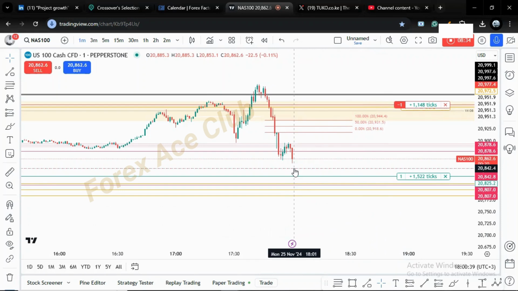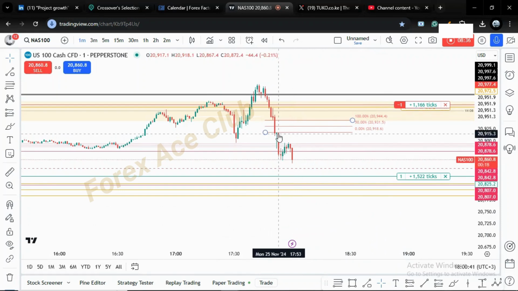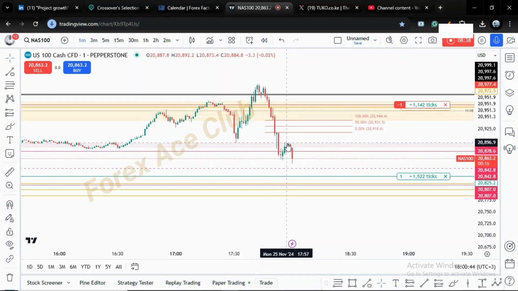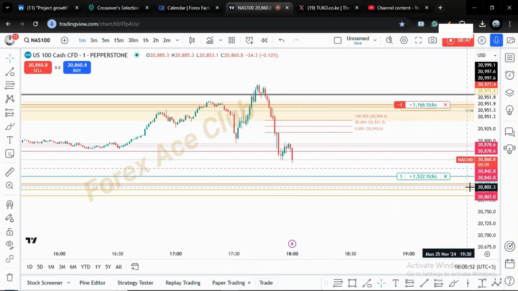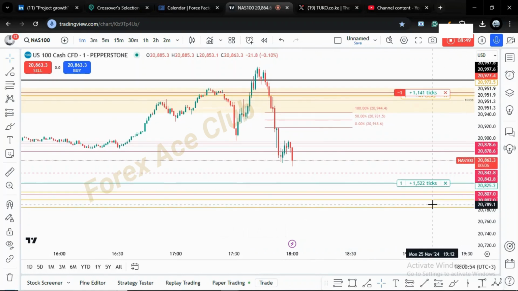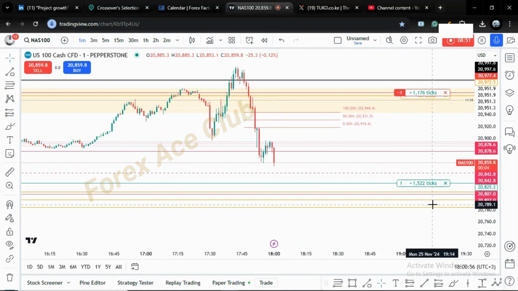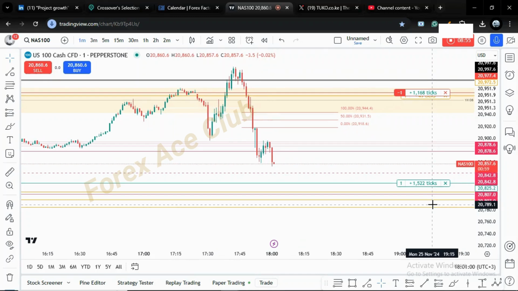Once we trade to the midpoint, my stop loss will come to this area of interest or even the high. But I would prefer to give the trade some room, so I'd rather have it here. Beautiful price delivery.